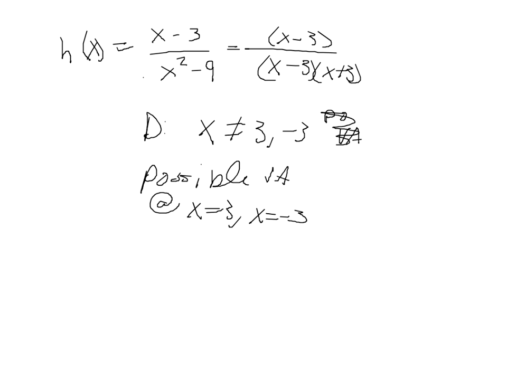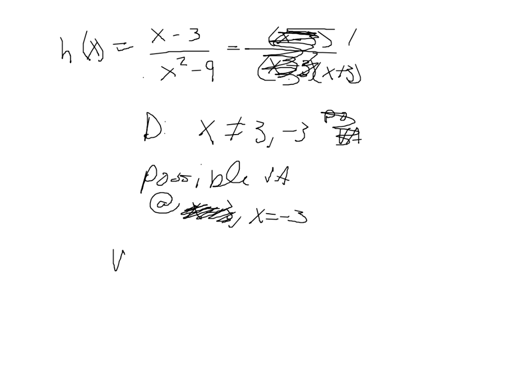Now, I see a common factor in the numerator and denominator, so I cancel that out, and I get 1 over x plus 3. So in doing that, I've lost x equals 3 as a possible vertical asymptote.